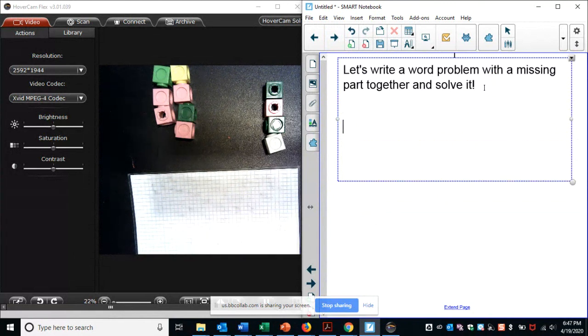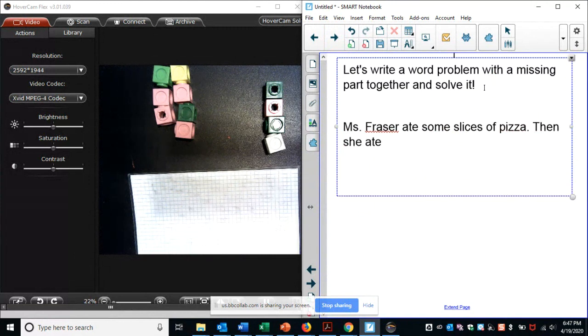So let's say that Miss Fraser ate some pizza. And we're going to lead off the beginning part here. Miss Fraser ate some slices of pizza. And then she ate 3 more slices.